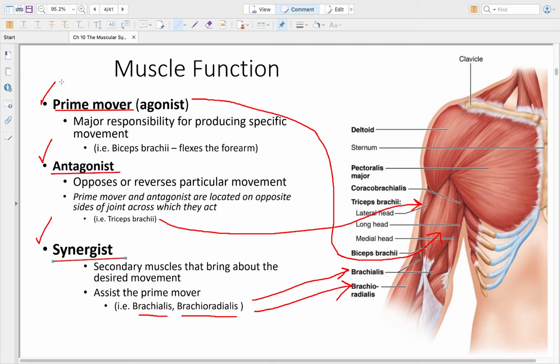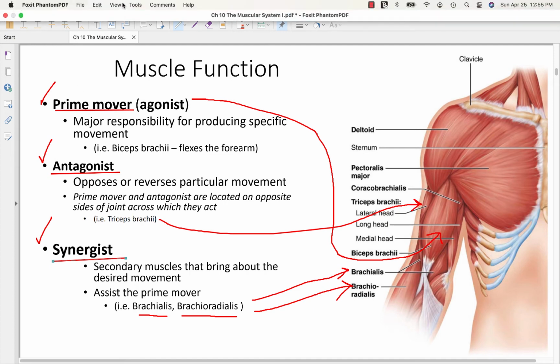Okay, the prime mover is the muscle responsible for producing a specific movement. The antagonist is responsible for reversing that particular movement, and the synergist assists the prime mover.